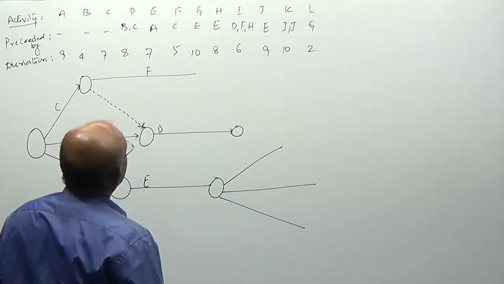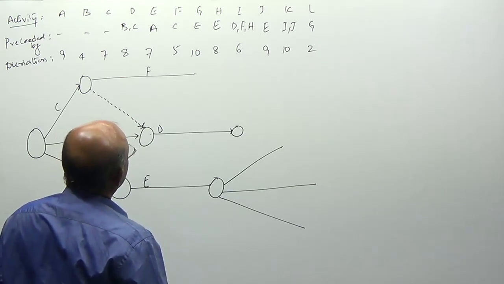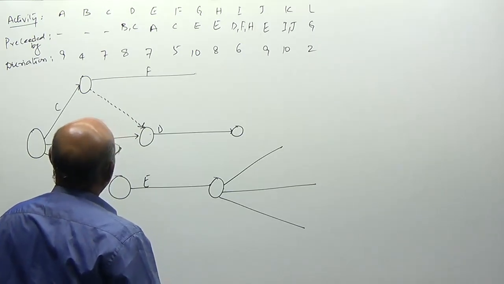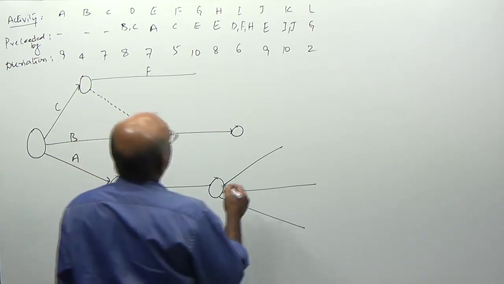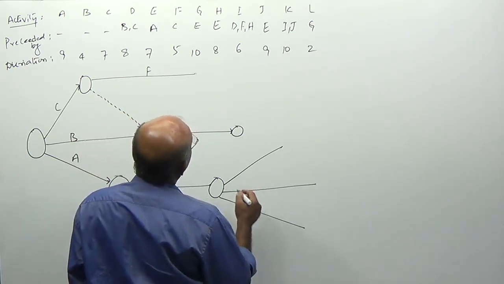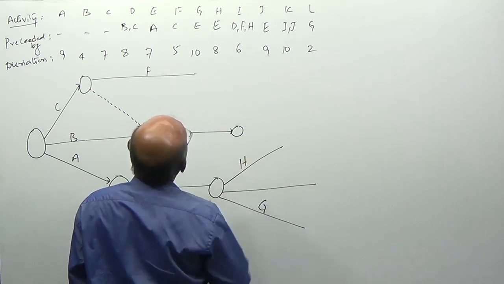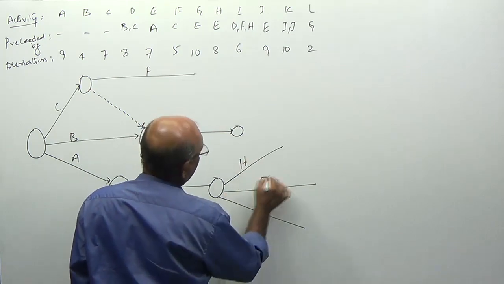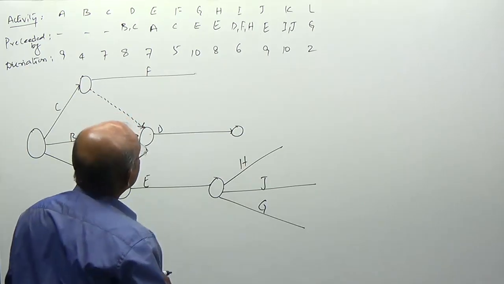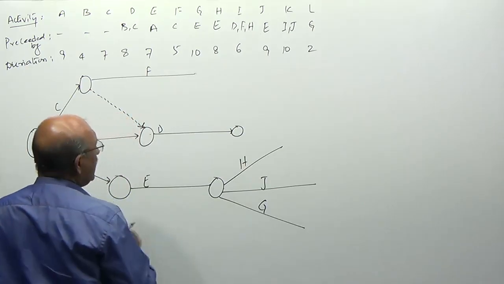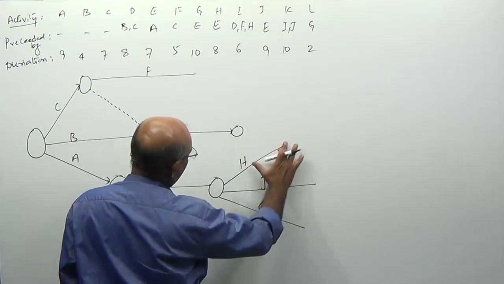This is activity G, this is activity H, and this is activity J. D, F, H we have to join at one place.